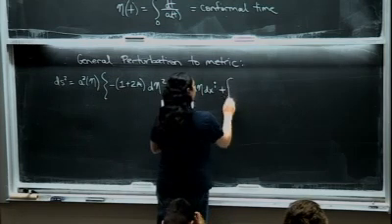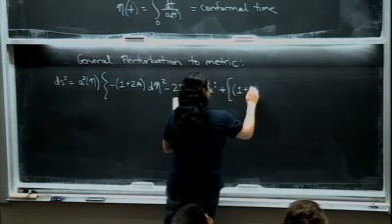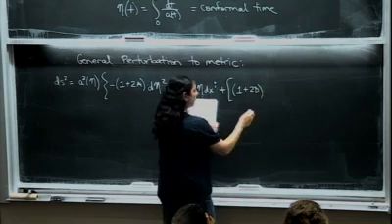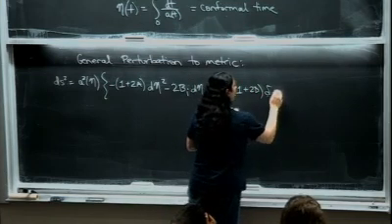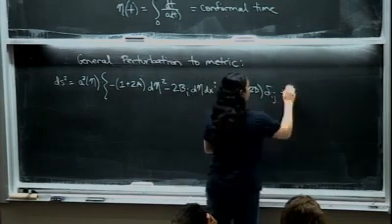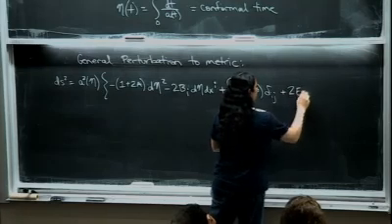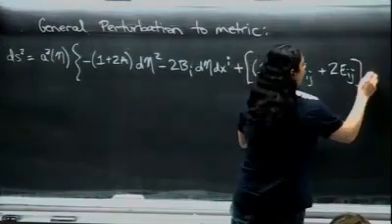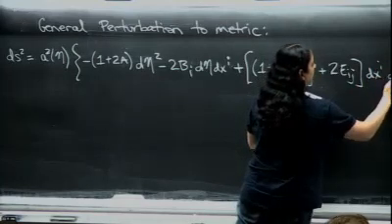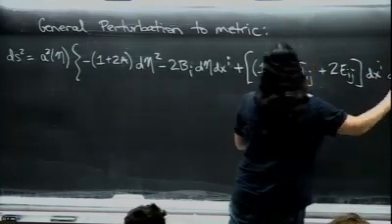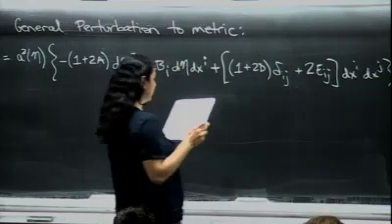Plus (1 plus 2D) delta_ij plus 2 E_ij, and then here I'm going to have dx_i dx_j.